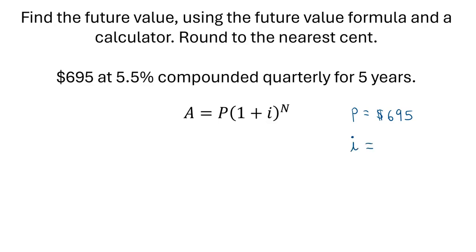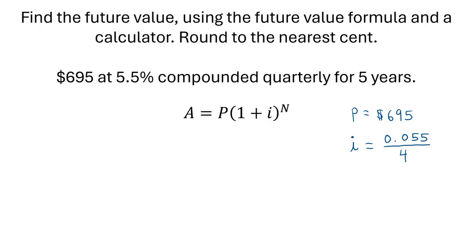We know that the lowercase i is our interest rate written as a decimal divided by the number of compoundings per year. So our lowercase i would be 0.055 divided by 4, and we're dividing by 4 because our interest is being compounded quarterly. Well, quarterly means 4 times per year, so we divide the annual interest rate by 4.